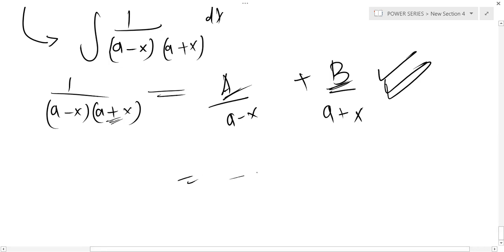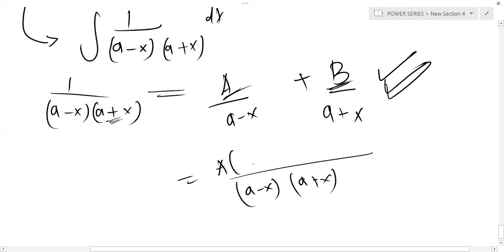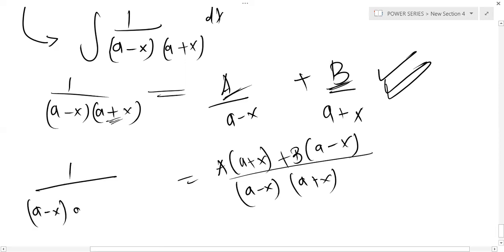Putting this under the same LCM, we will have a minus x into a plus x, into a minus x goes here, a plus x times, plus b into a plus x goes here, a minus x times. And then we equate it to this side, 1 over a minus x, a plus x. That is it.